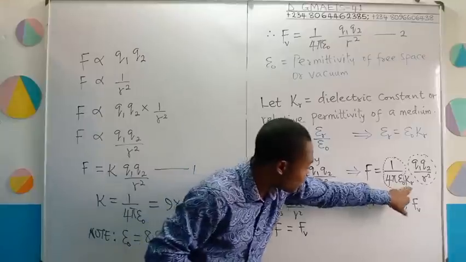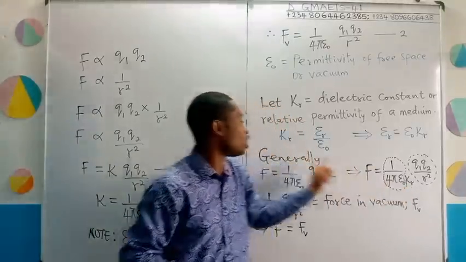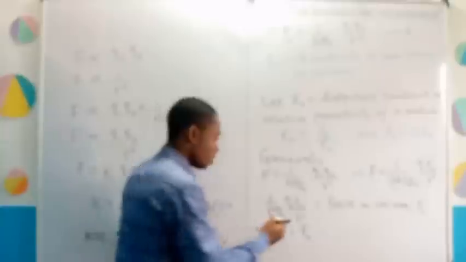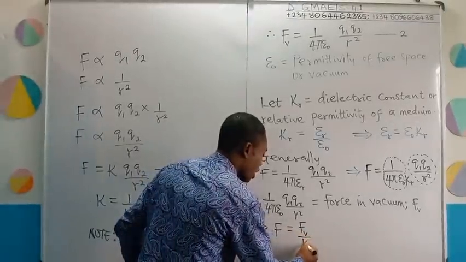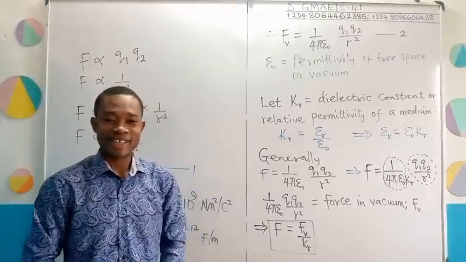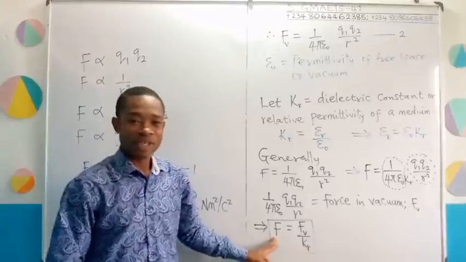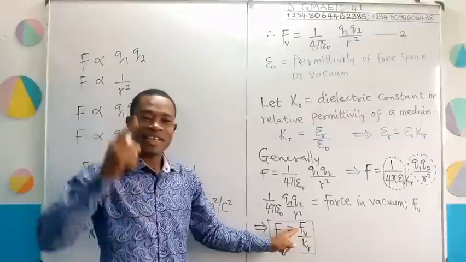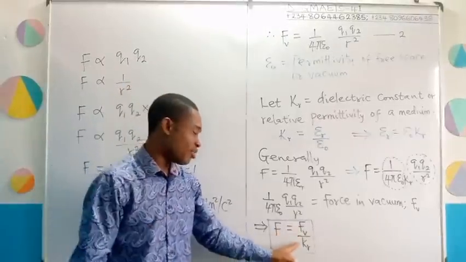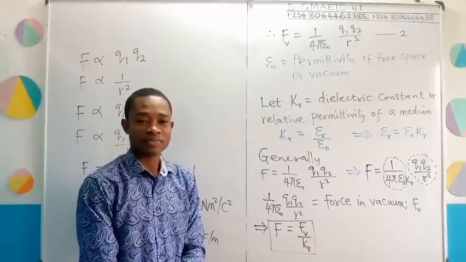You observe that there is K sub R in the denominator. That is the dielectric constant of that medium. So this is going to be divided by K sub R. We have established that the force in any other medium is equal to the force in vacuum divided by the dielectric constant of that medium.